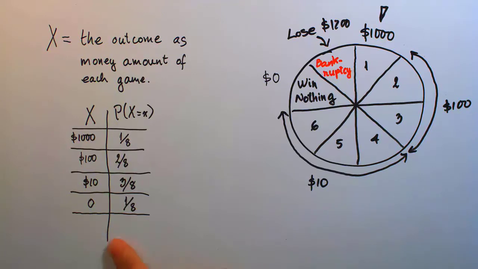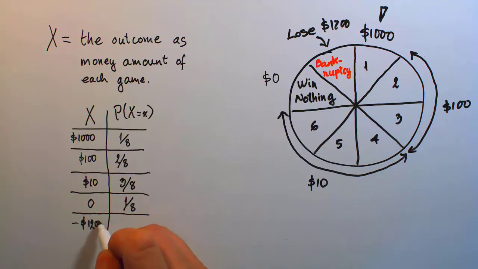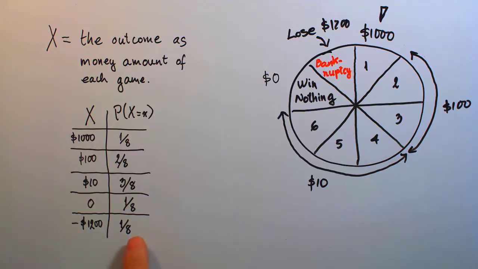And the last one on our list, we can lose 1,200. As a real money value, this is money coming out of your pocket, so it's a negative amount, negative 1,200. And the chance that our random variable equals that is 1/8.